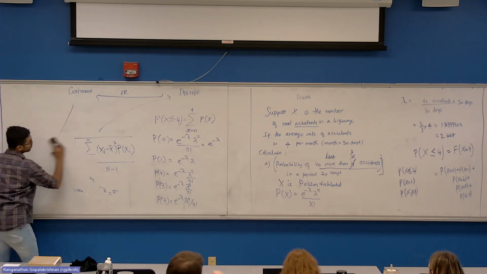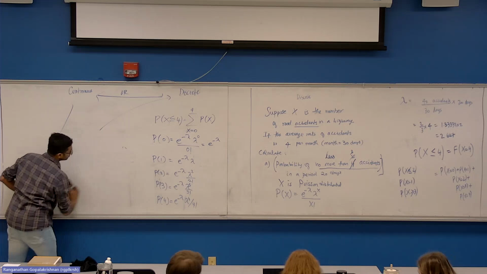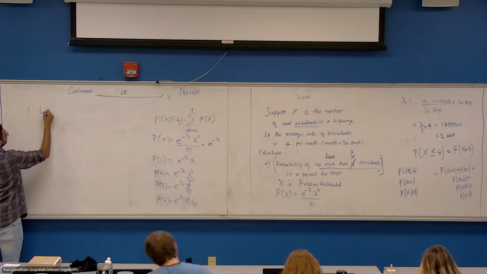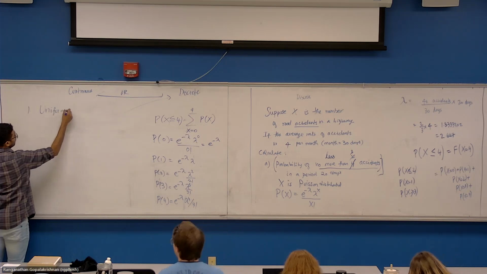The first type of distribution we want to look at, the really simplest distribution, we call it uniform distribution.